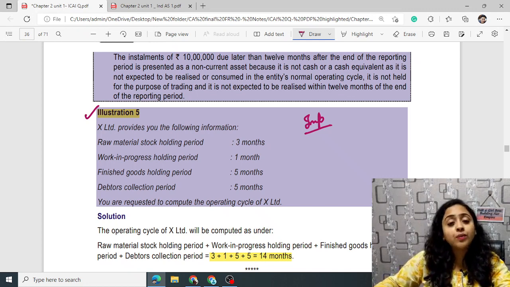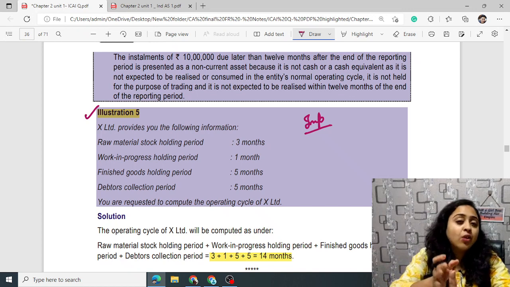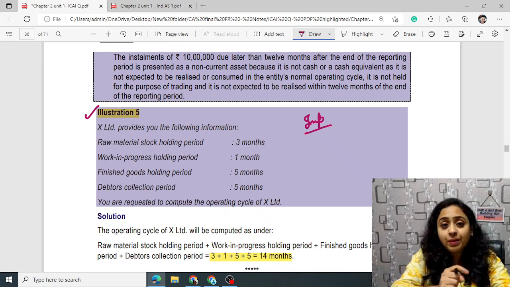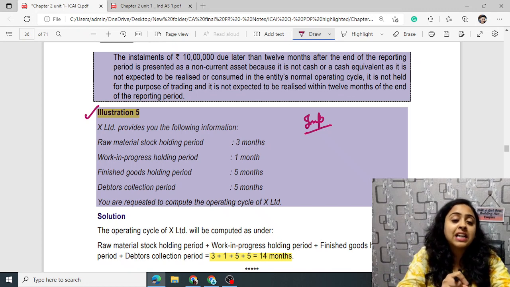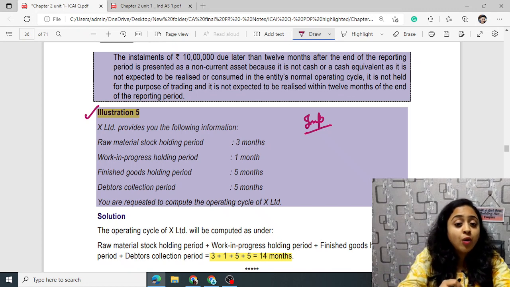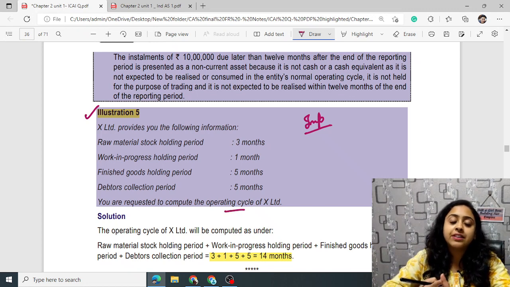Now you know operating cycle, because we have learned that for current and non-current bifurcation, there was one criteria of operating cycle. If such particular asset can be encashed or a particular liability has to be set off within operating cycle, then also it will be considered as current. So how do you calculate operating cycle? Inventory holding period plus debtor collection period.